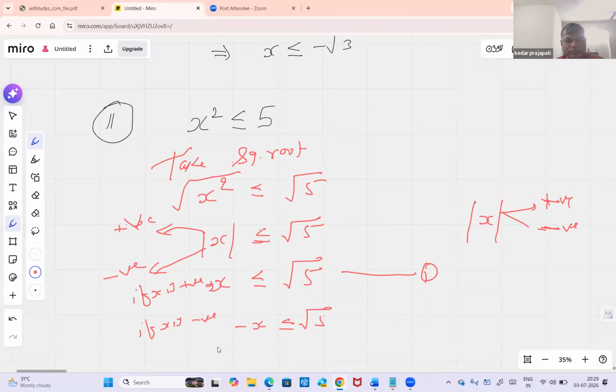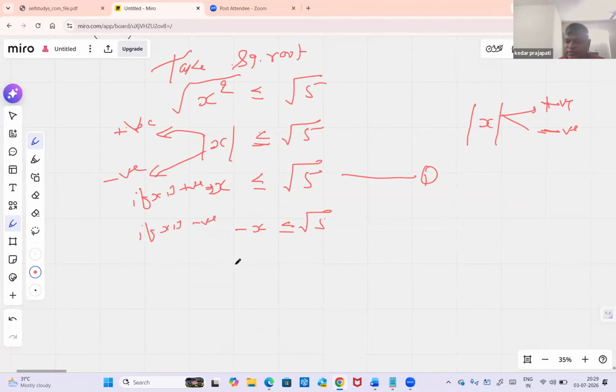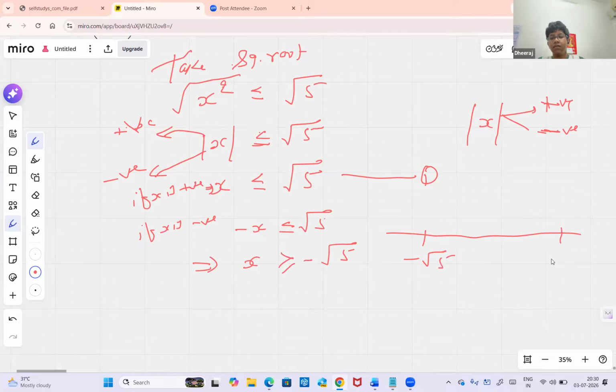Now change it into plus x, because I want x. Once you multiply with minus, the inequality will change. So now where is it going? Your minus root 5 is here, and root 5 is here.